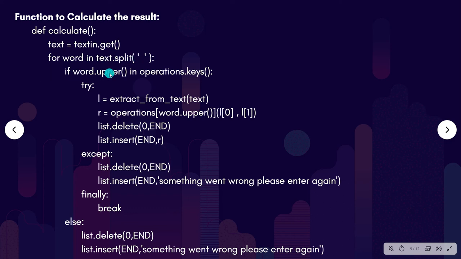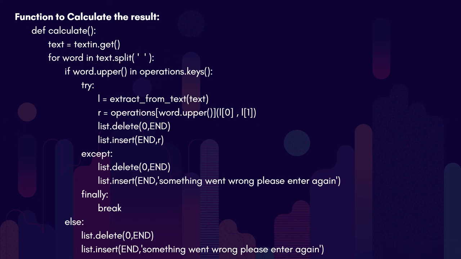So for word in it, and if you remember, we have taken all these words like sum, LCM, HCF in uppercase in our dictionary. So we write if word.upper() in operations.keys(), because we are checking in the operations keys. I hope you get up to this point what's actually happening.